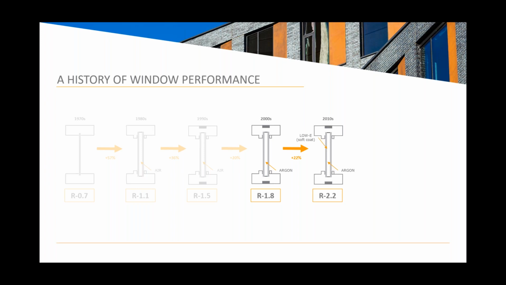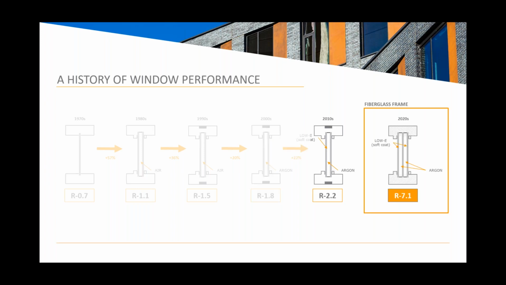And then finally, regulation kicked in, and regulation dictates better products in this case. So now not only does the frame need to be thermally broken, but composite and higher performing frames can increase the performance by up to 172% at essentially a cost neutral equivalent.